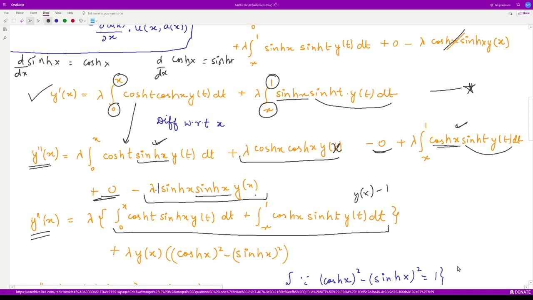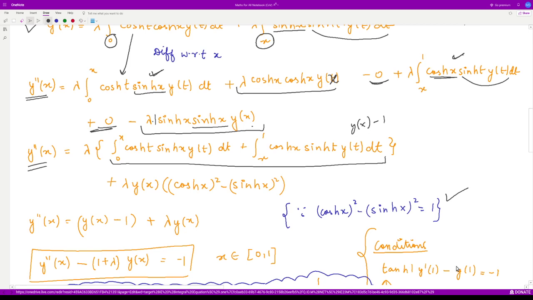This is the identity involving hyperbolic functions. So plugging these values, we have y double dash x is equal to lambda times this whole term, including lambda, is equal to y of x minus 1. So y of x minus 1 plus lambda into y of x into 1. This term becomes 1. So we have this.